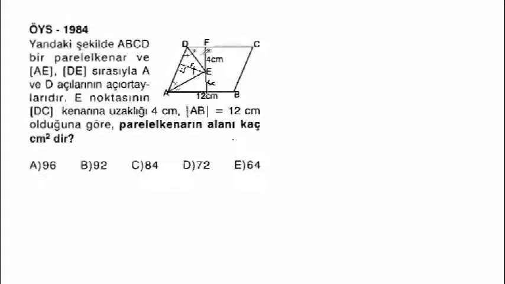So we have the height of the parallelogram 8 centimeters, and we have the base of the parallelogram 12 centimeters. So to find the area of the parallelogram, we just multiply these two, and this gives us 96. So the answer of this question is A.